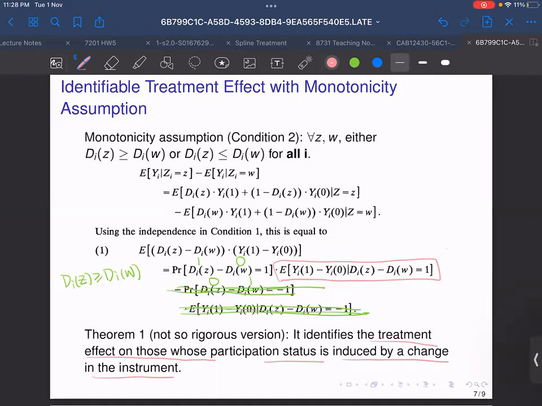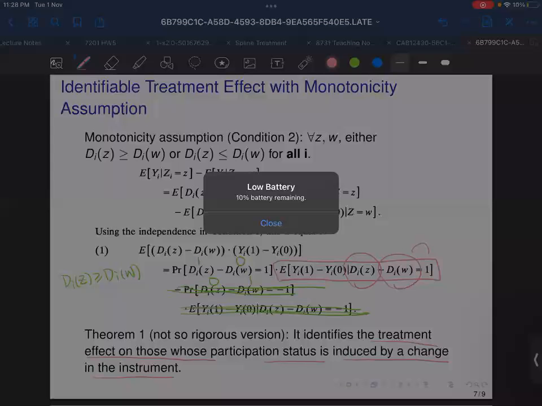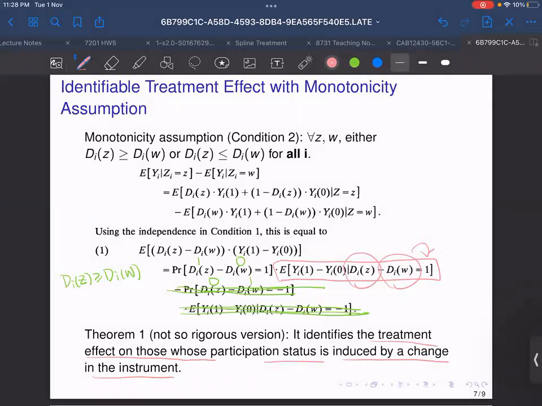As you can see, diz minus diw is 1. What does that mean? It means that if I get draft number 3, I will join the army. If I get draft number 10, I will not join the army. Meaning that if my instrumental variable changed from 3 to 10, my treatment status actually changed as well.